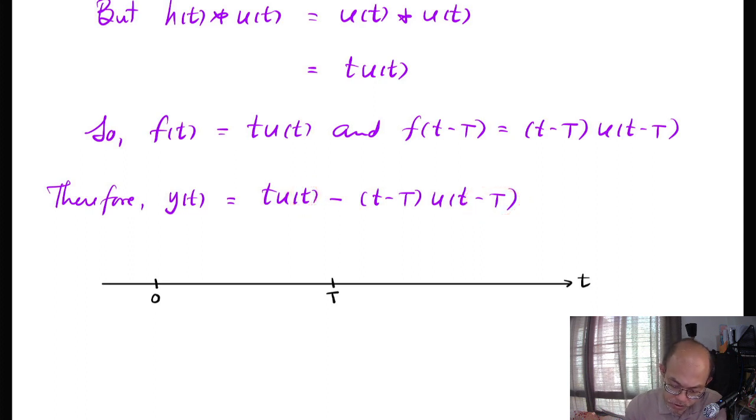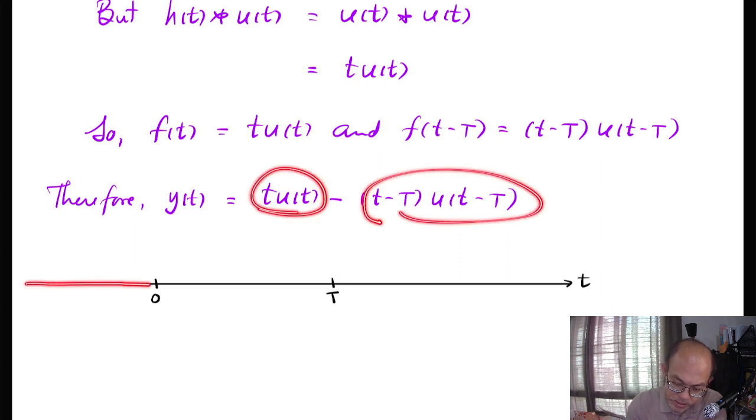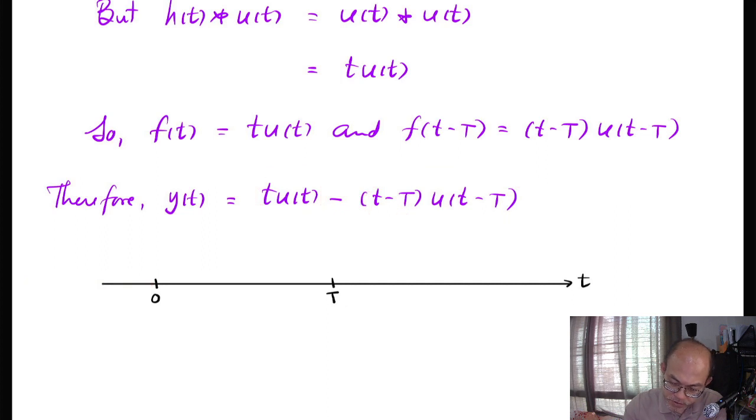Now, when time is less than 0, both of these are 0, right? So we have 0 minus 0, which is equal to 0. Now, from 0 to capital T, this term will be t, because t is greater than 0 now, so u becomes 1.